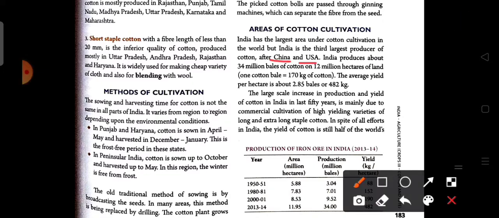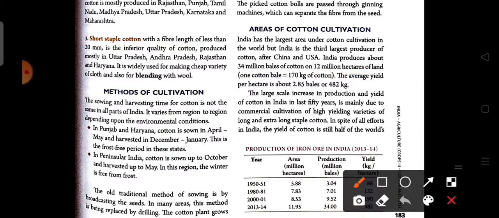Now, India produces about 34 million bales of cotton on 12 million hectares of land. One cotton bale is 170 kg of cotton. So here we see that 34 million bales of cotton are produced on 12 million hectares of land. How much land is under the cultivation of cotton?